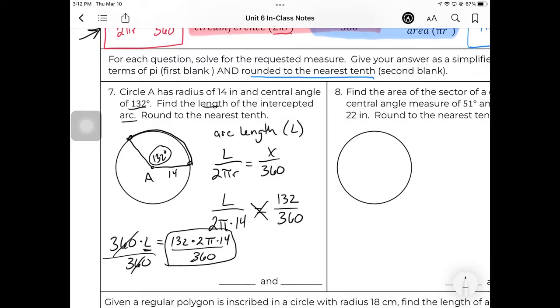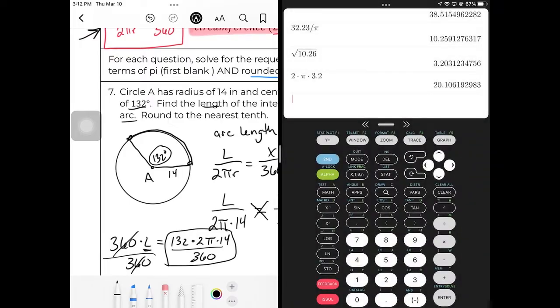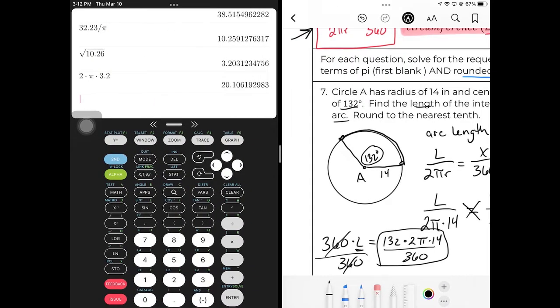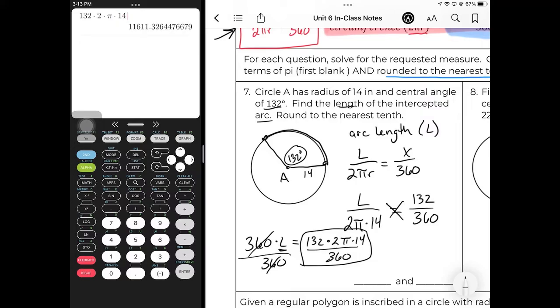So I can do 132 times 2 times pi times the 14, that's the whole top part there, and then just divide by 360 at the end, and I get about 32.3 for the length of that arc.